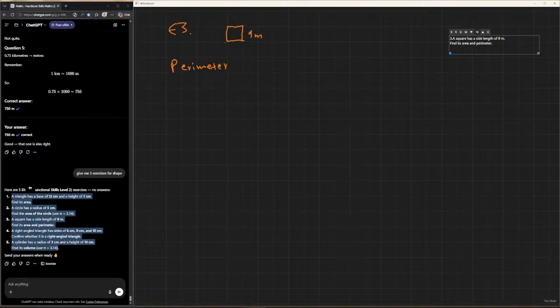Perimeter is the circumference, meaning around this bit here. Like if you start from here, you go this way, that way, this way, and that way, and you count this. So this is 9, this is 9, this is 9, this is 9. So basically you need to add all the sides to get the total.